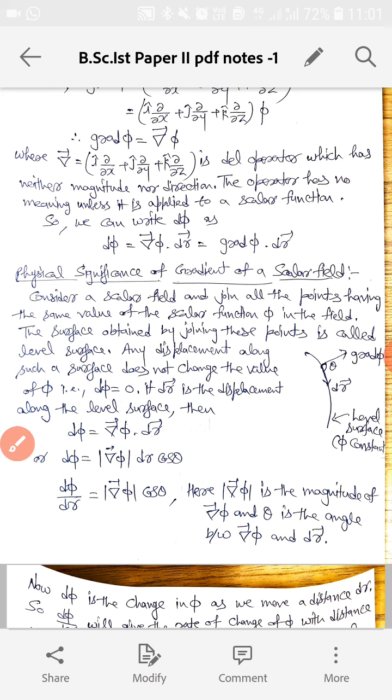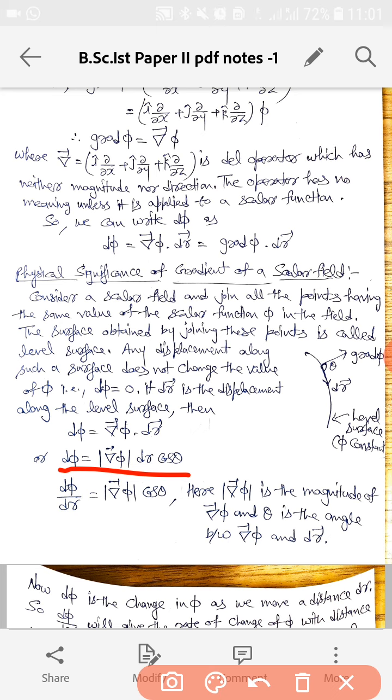This dot product can be further written as the magnitude of the gradient of φ times dr times cos θ, where θ is the angle between the gradient of φ and dr. Then dφ by dr will be equal to the magnitude of the gradient of φ times cos θ.